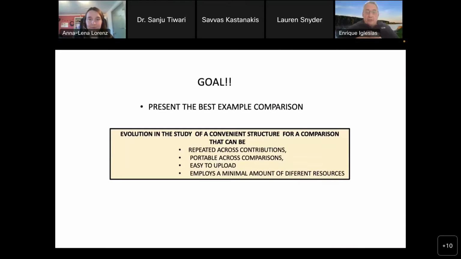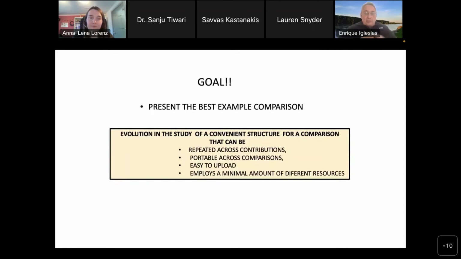But I have another very important goal along the way to these best comparisons. I want to present some details of how to come up with a convenient structure for a comparison where you repeat resources across contributions.